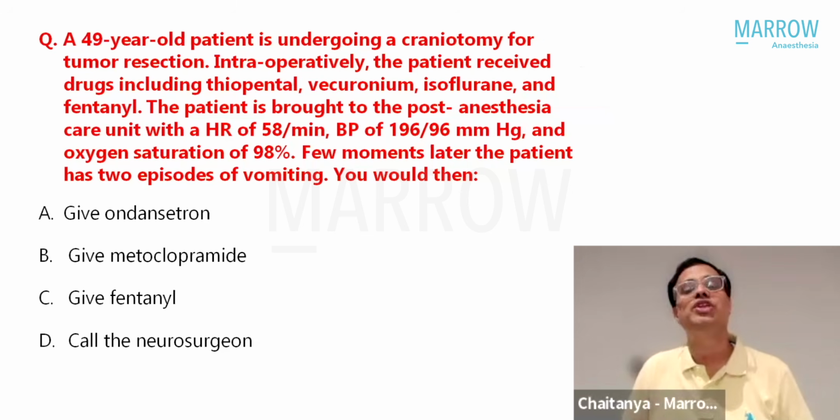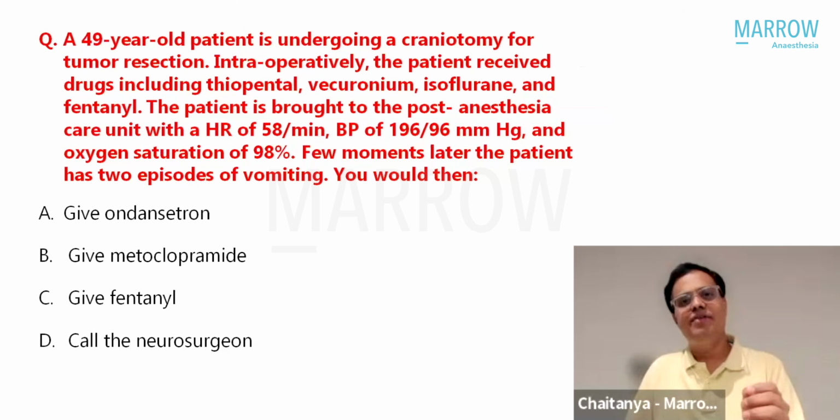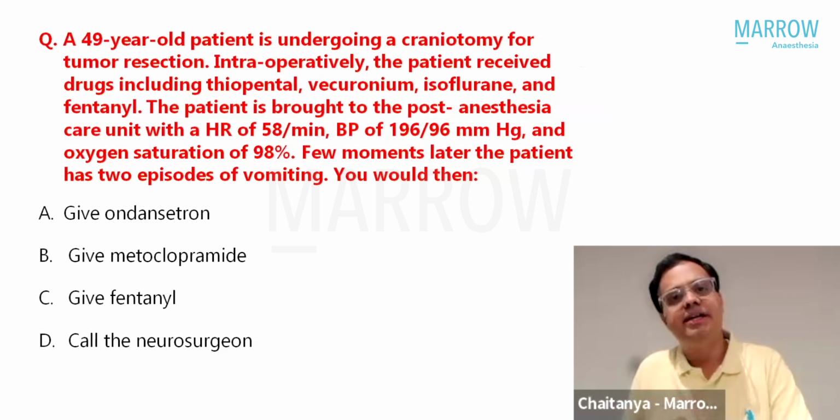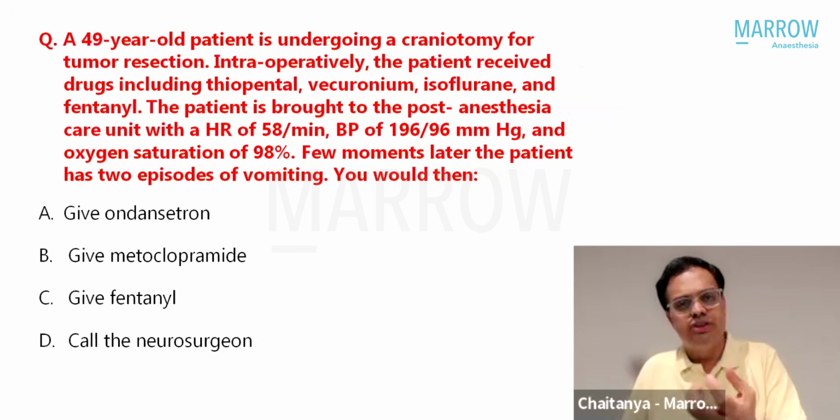Post-operative care management of a neurosurgical patient is very, very important. Make sure that the ICP is not elevated. So how to know whether the ICP is elevated or not? The classical presentation in the post-operative period is that the patient will have nausea, vomiting. The vomiting itself will tell you that the patient might have raised ICP.